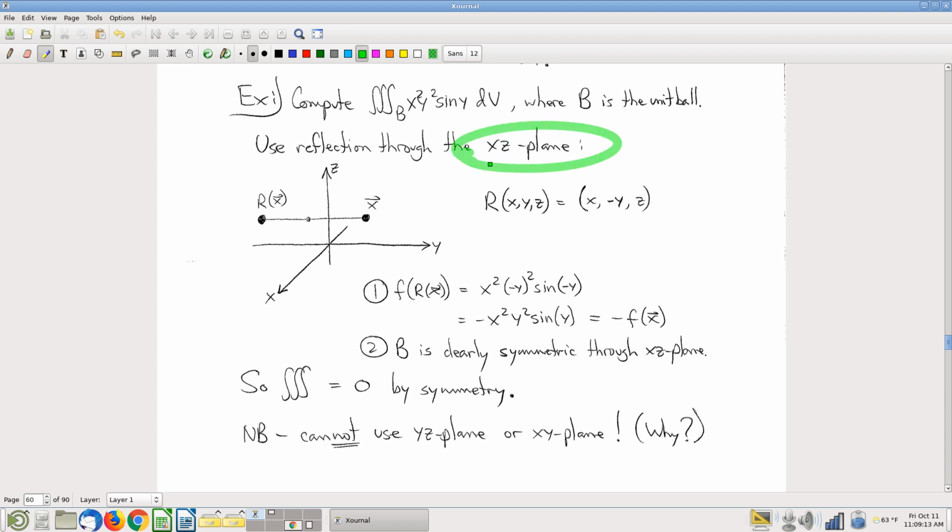Okay. Next question I want to talk about real quick. How did I know the XZ plane? How did I choose to use the XZ plane? Let's reverse engineer it, which is what I did when I thought through this question. My inner oracle did not just tell me, use the XZ plane. That's not how it works at all. What I did is I was thinking through, how is this argument going to work? Looking at the integrand, what's going to make that integrand turn negative?